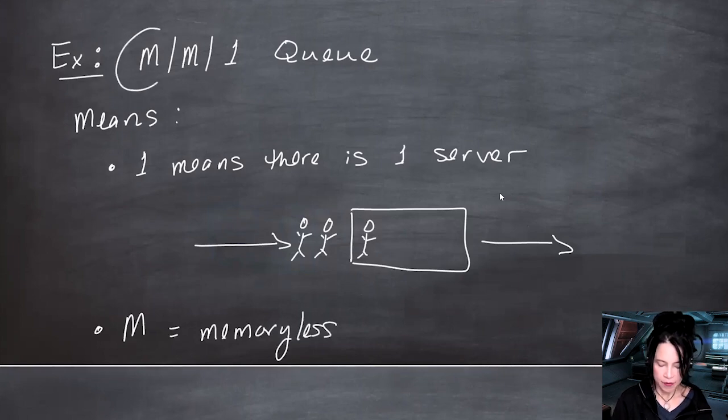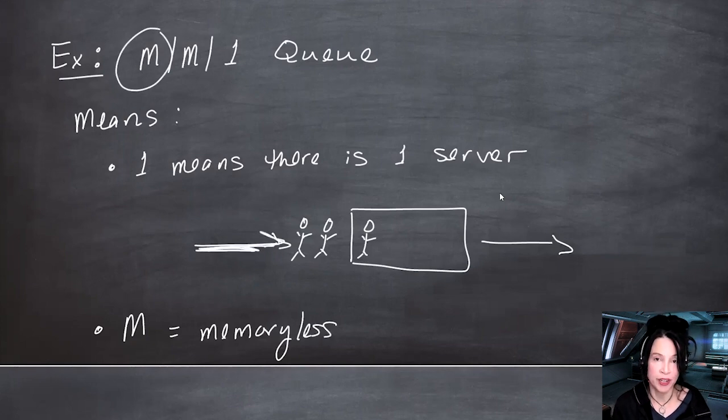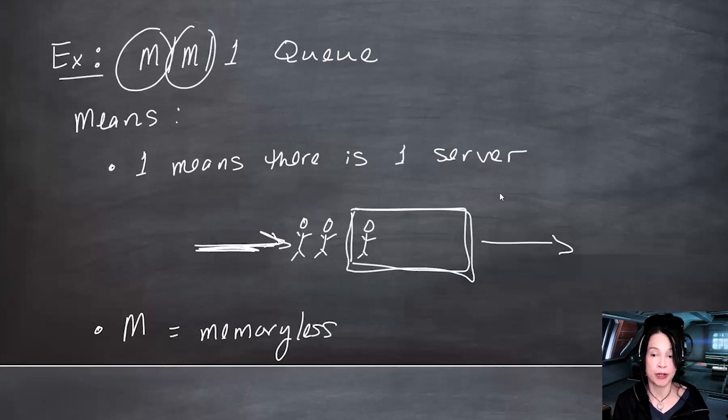The first M is saying that the inter-arrival times have the lack of memory property, and that means they're exponential. The second M is saying that the service time also has the memoryless property, and that means it's exponential. And they each have to have some rate.